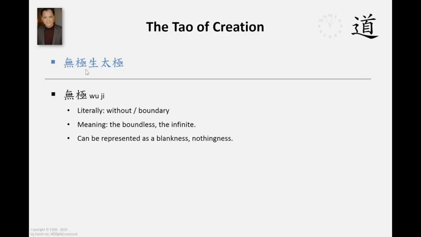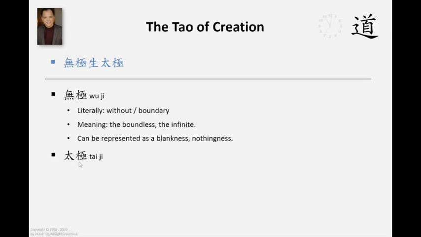Then, that's the first 2 characters. The middle character, shen, means to produce, to give birth to, to beget, to give rise to. And then taiji, this is the other important term. So let me isolate that. Taiji, what does that mean?